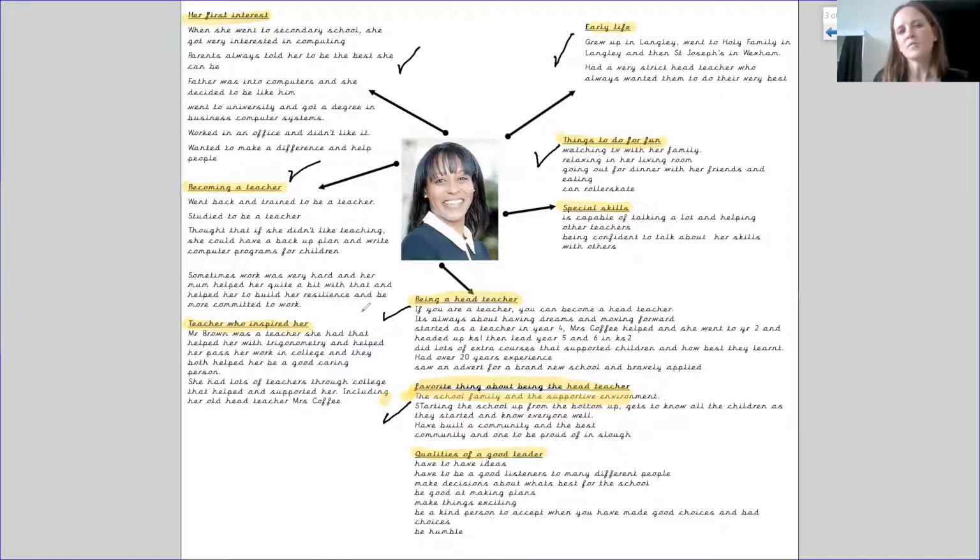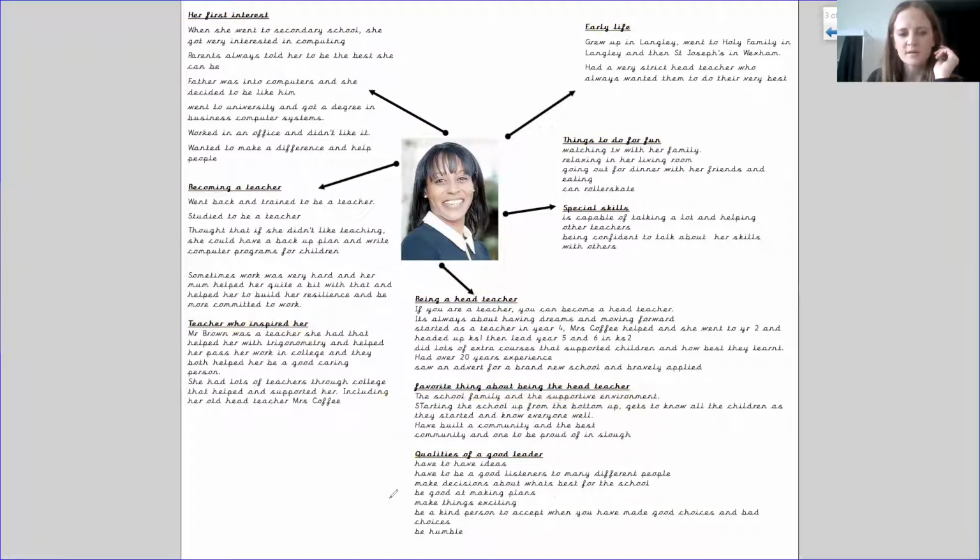And I'm going to try and include that in my writing. So your paragraphs might be a little bit different because obviously you may decide to use different paragraphs or different information in yours. You may decide to use all the information. That's okay. But I'm going to use some of it. So those are the ones that I'm going to use for now.